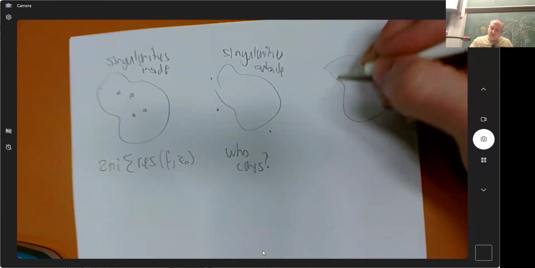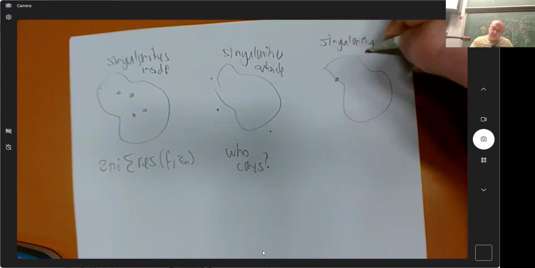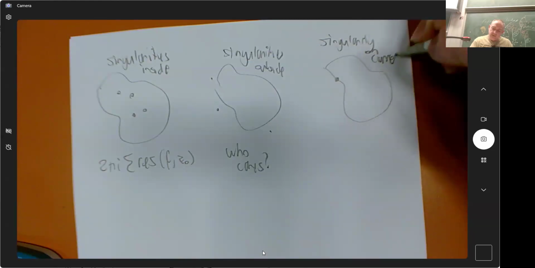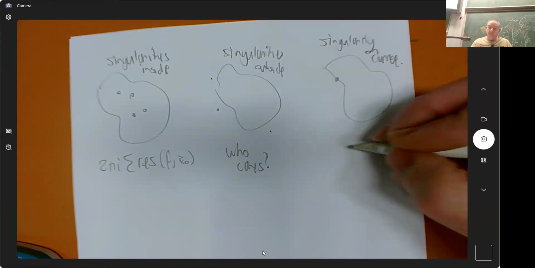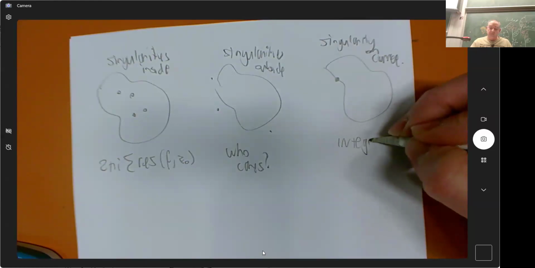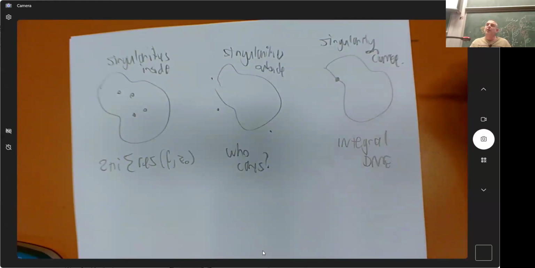If the singularity is on the curve, that means the integral doesn't exist. It may technically be possible to do an improper integral and still get an answer if it approaches infinity in just the right way.